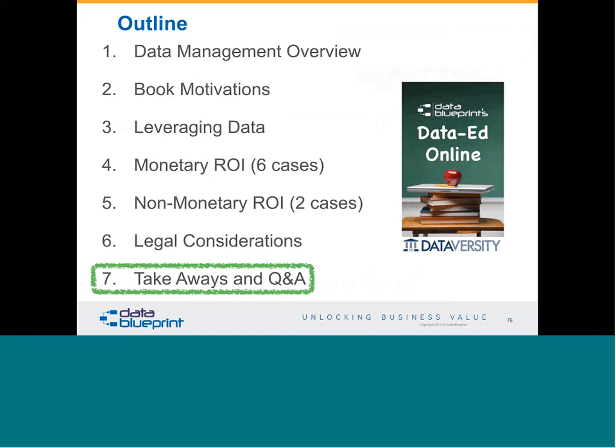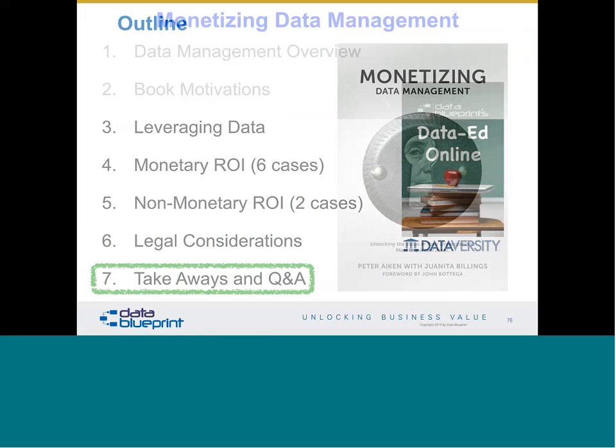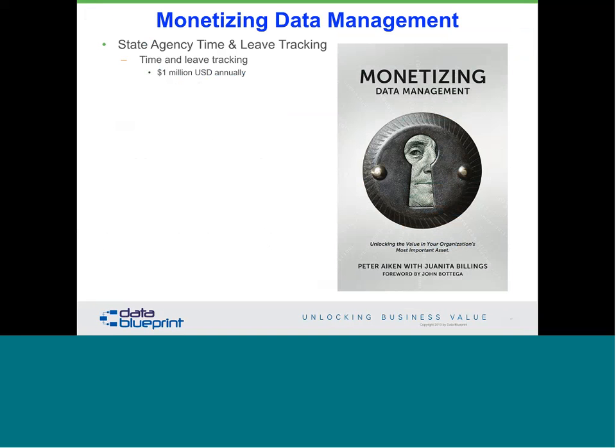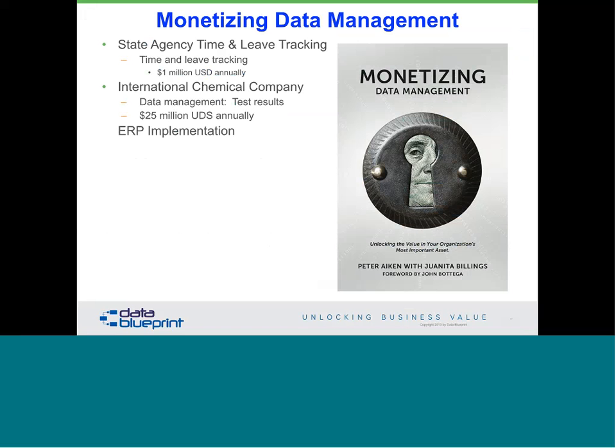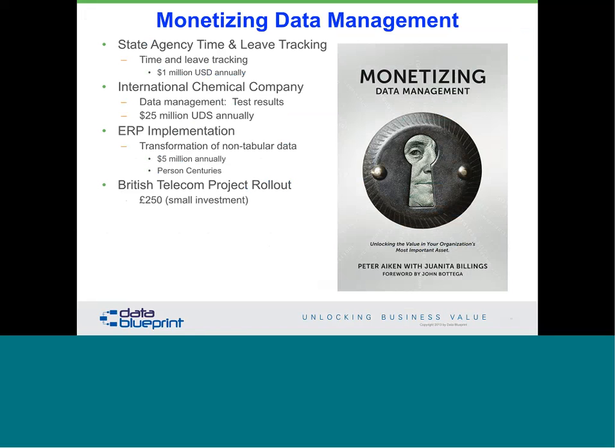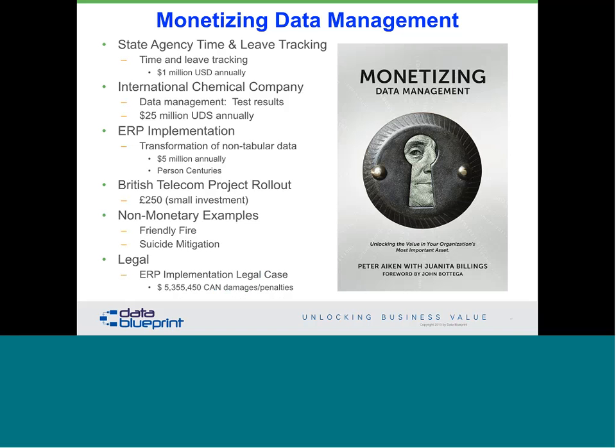We've talked specifically about the state time and leave tracking, $1 million, the International Chemical Company, $25 million, the ERP problem that we looked at, $5 million, person centuries in this case, the British Telecoms, a very small investment here, but it did in fact produce some very good non-tangible environments, and of course then the rest of these that come up. By the way, the legal case was $5,355,450 Canadian in damages and penalties.